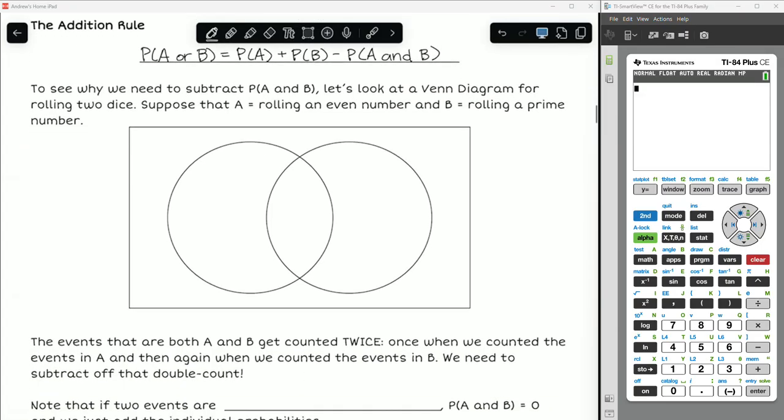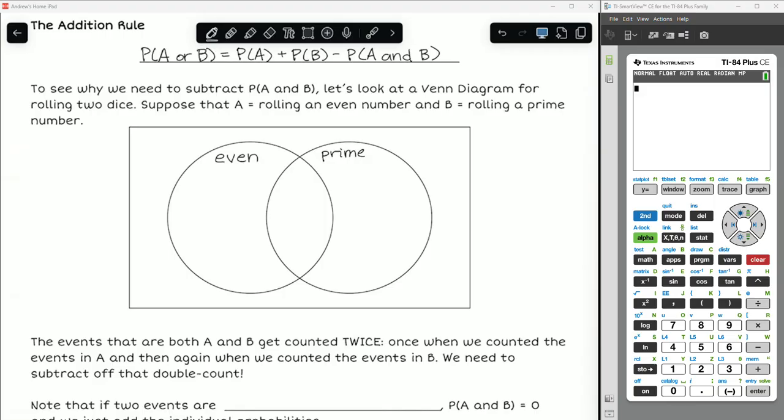What I have here, this picture with a square and some circles, is called a Venn diagram. We're going to look at a Venn diagram for rolling a die. We're going to let event A be rolling an even number, and event B be rolling a prime number.